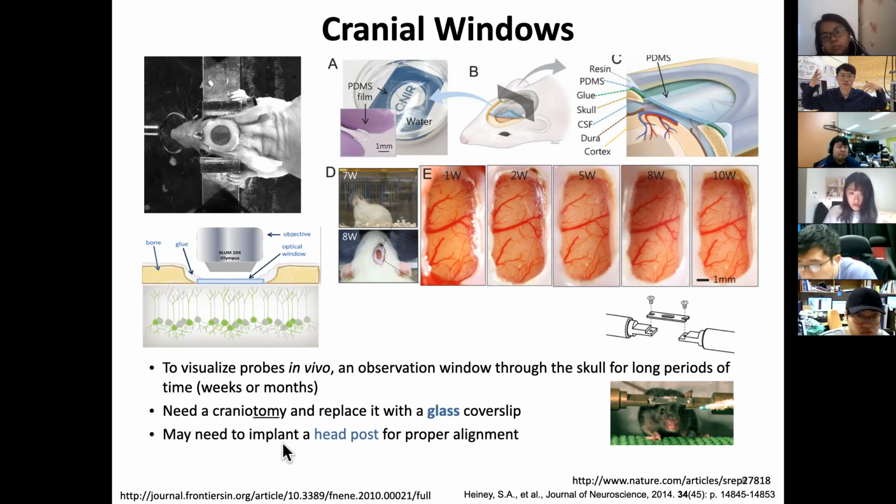The important thing is it depends on the target. If you want to watch a big blood vessel, maybe it is okay to use a crude setup such as this. It's fine. Let's say you want to image a single neuron, which is on the order of 1 micron.